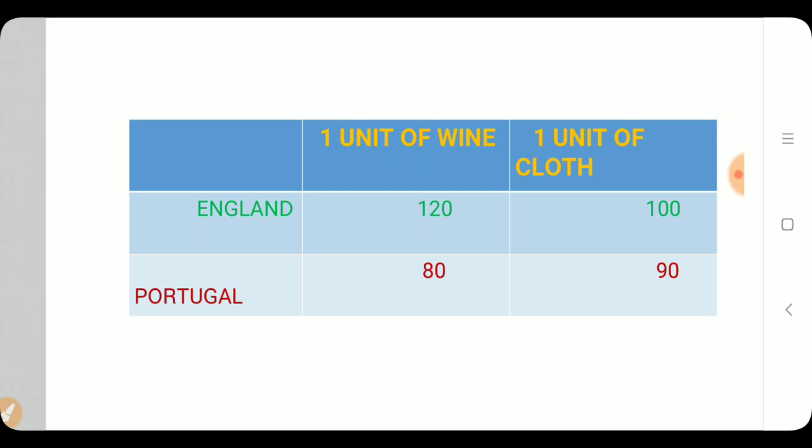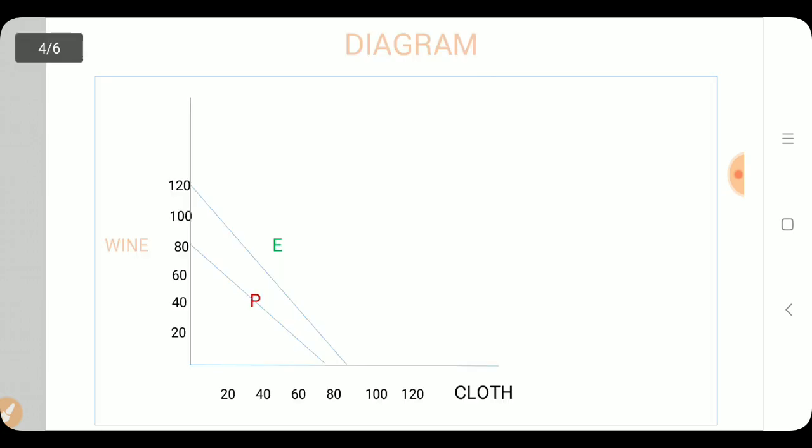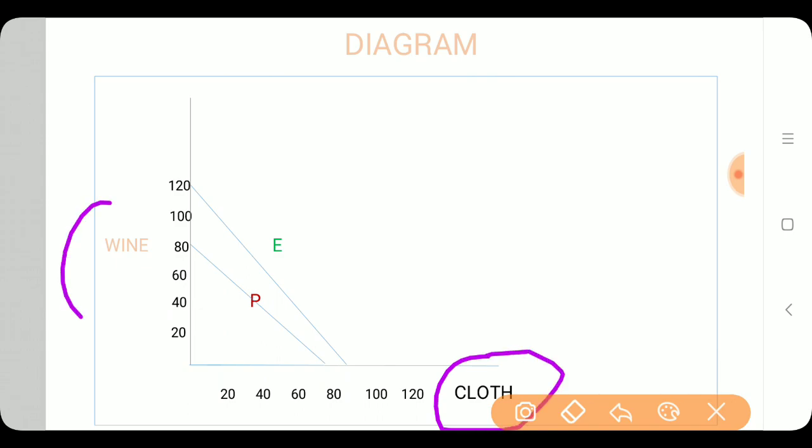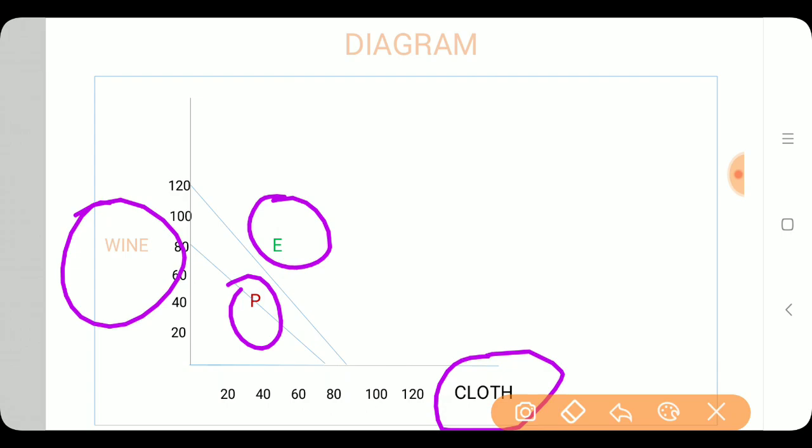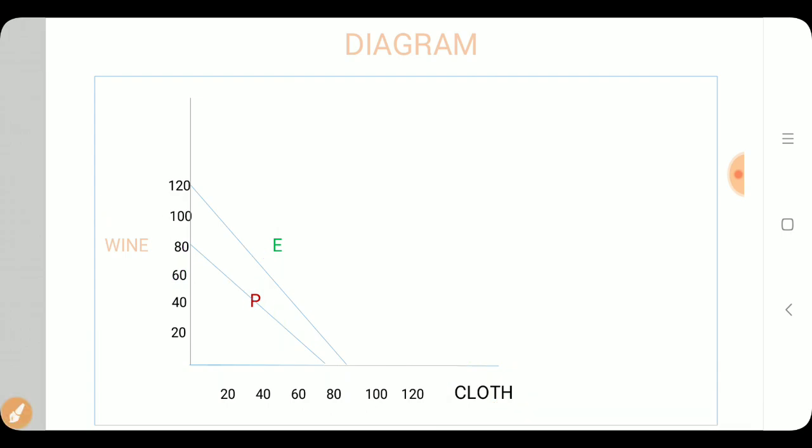We can check the same thing with the help of a graph here. On the x-axis we have taken cloth, and on the y-axis we have taken wine, and there are two production possibility curves. This is England's and this is Portugal's production possibility curve. Now we can see the same thing which we have seen in the table also.